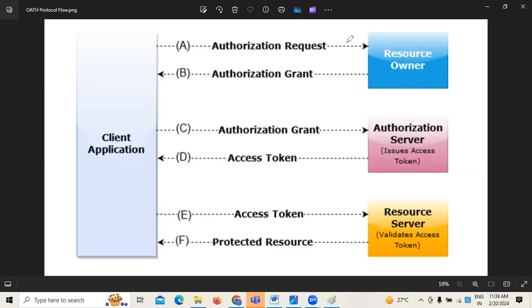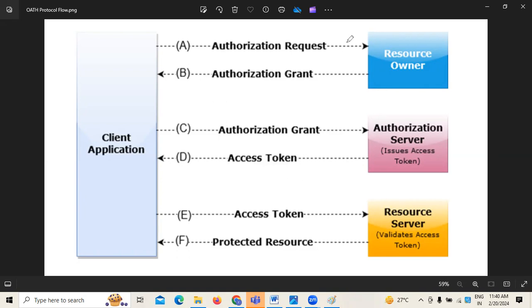Majorly, the credentials representing the resource owner's authorization may fall under different grant types. For example, it can be authorization code, implicit, client credentials, or resource owner password credentials. These are the different grant types which will be used.